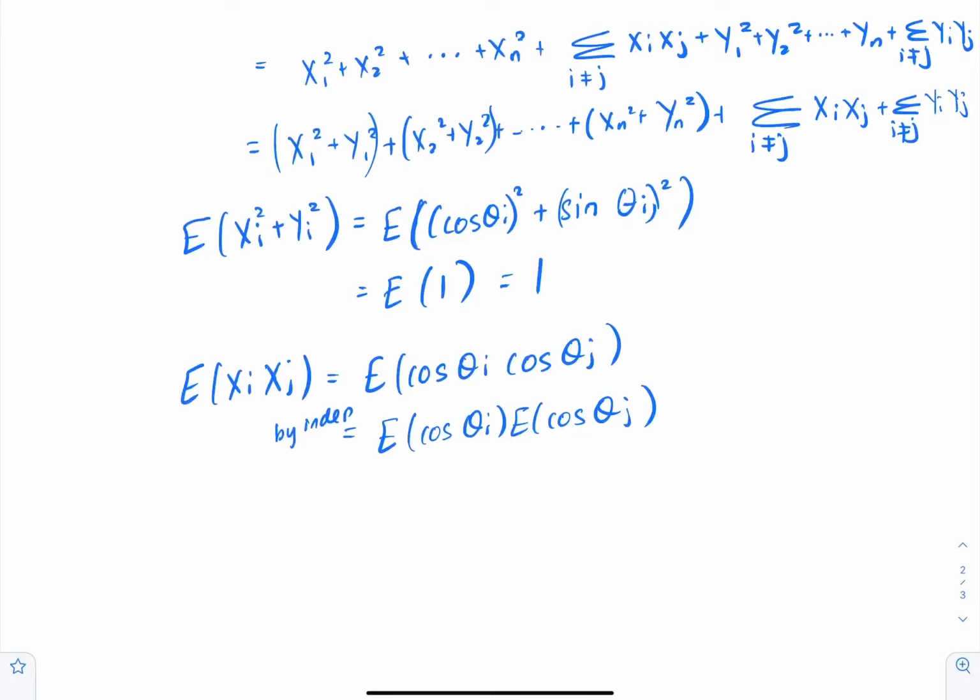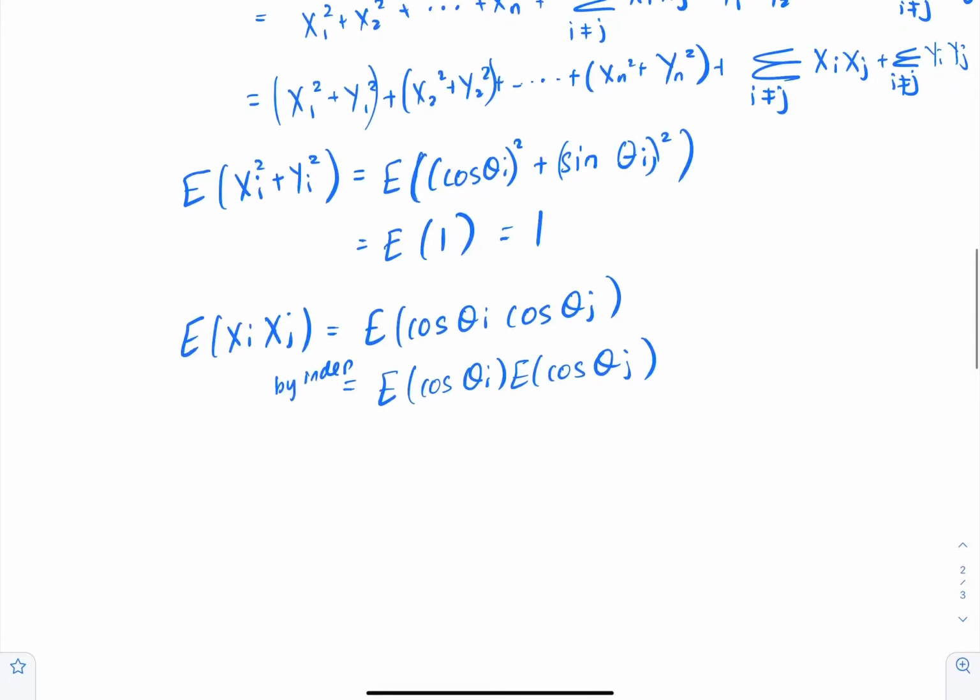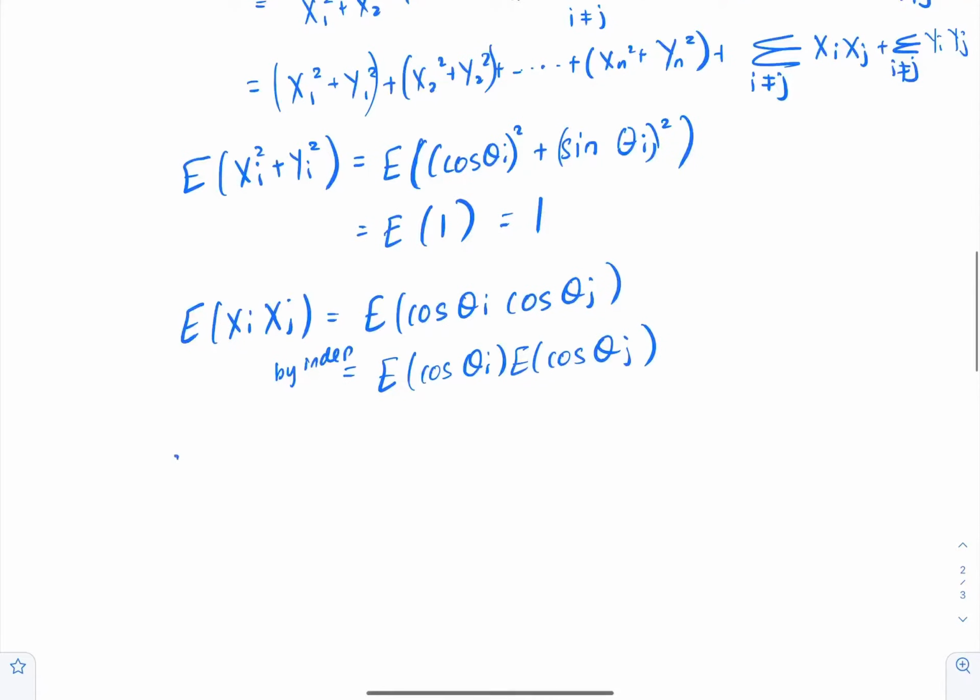Okay, and now what is the expectation of cosine theta i? Let's take a look at that. So the expected value of cosine theta i. What we're going to look at is, we will just use this formula.